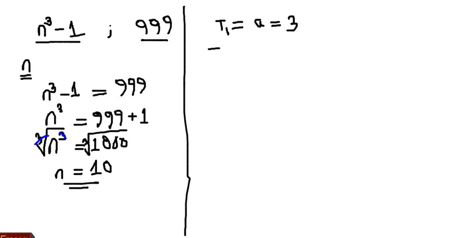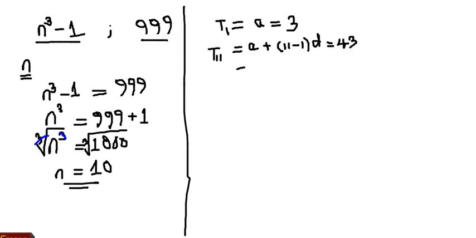And the 11th term, which we know is represented by a plus 11 minus 1 d, is 43.